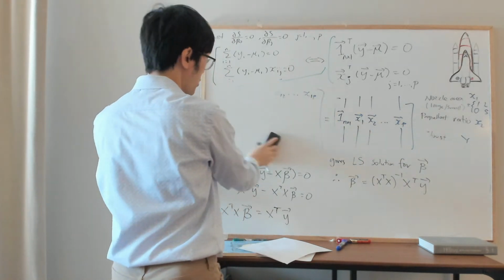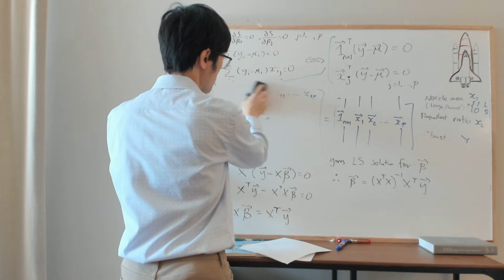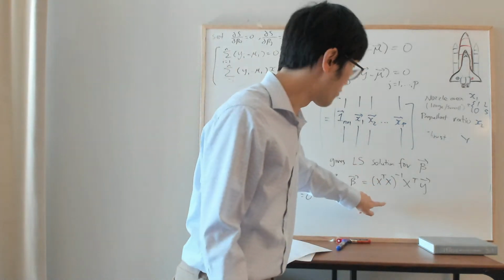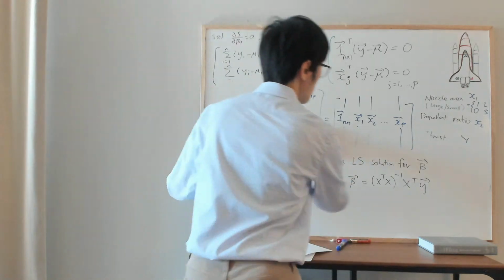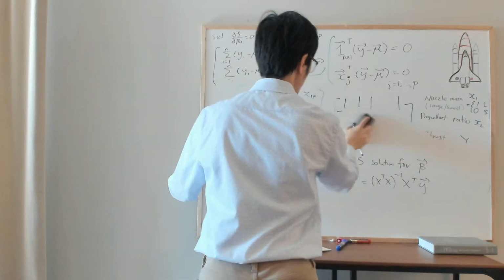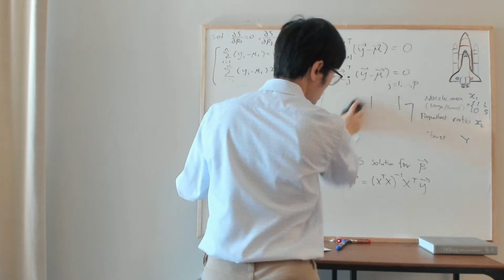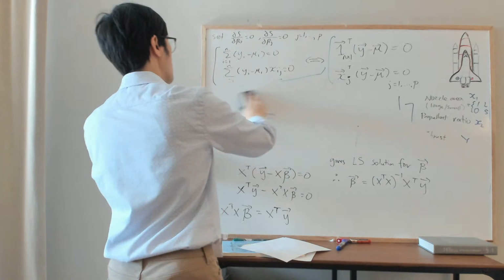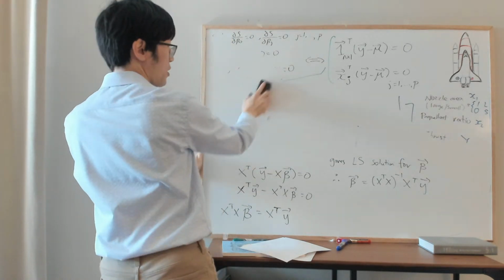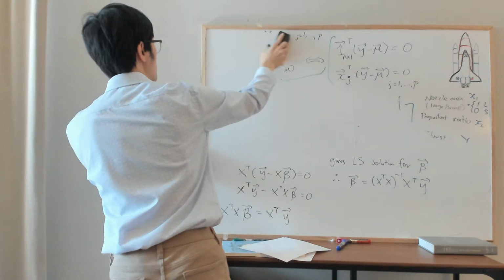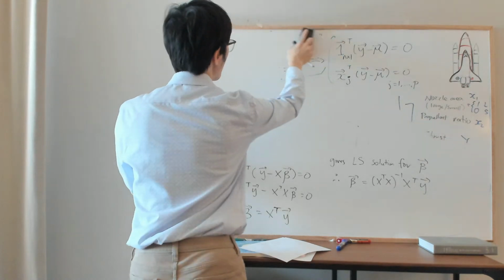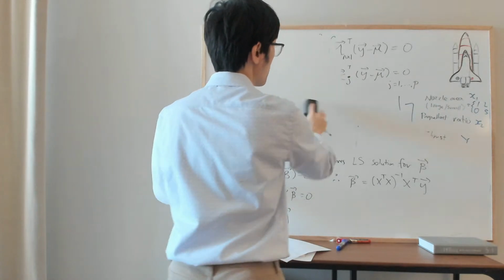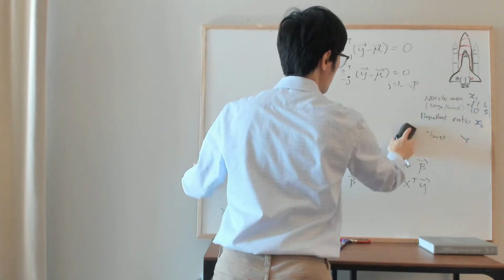Now, of course, whether this works depends on the matrix X transpose X being invertible. So we should state that. Under what conditions is this invertible? There are many different ways of expressing that. You could say X transpose X should be a matrix of full rank, or equivalently, it has linearly independent columns.